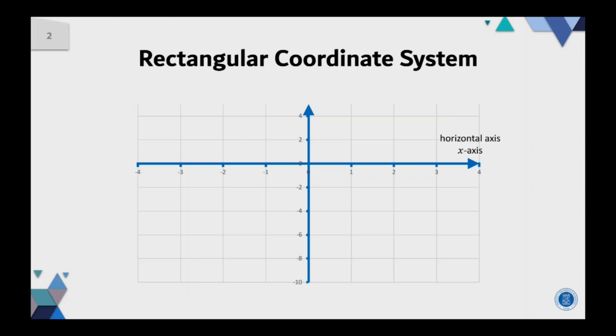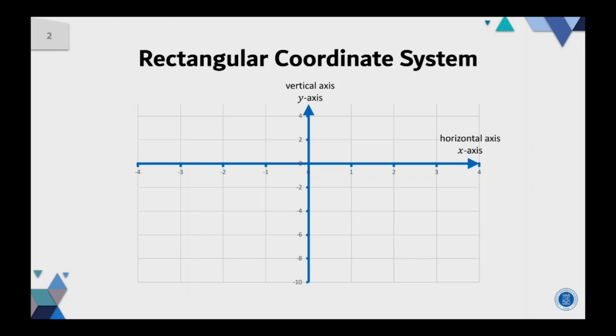The horizontal line we call the horizontal axis or x-axis, because we usually represent that axis with variable x, which is usually an element of the domain of a function. Okay, and then we also have a vertical axis, which we also call the y-axis, because it's usually representing the values of variable y. All right, so that's the rectangular coordinate system.